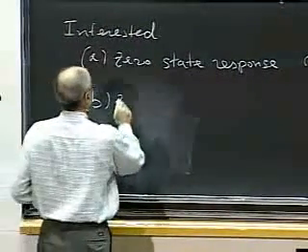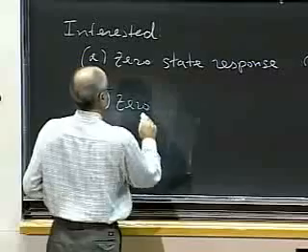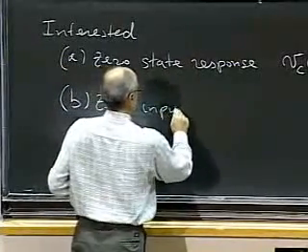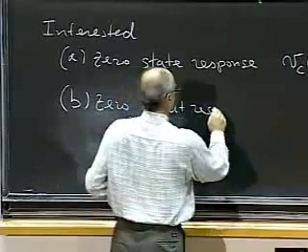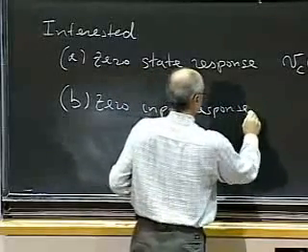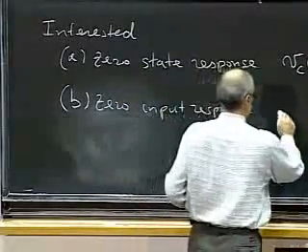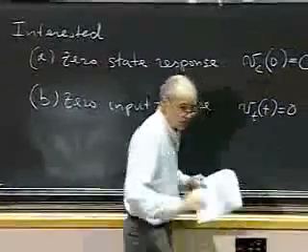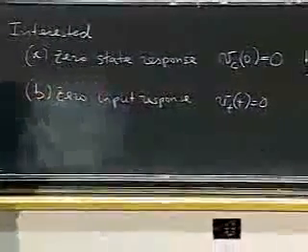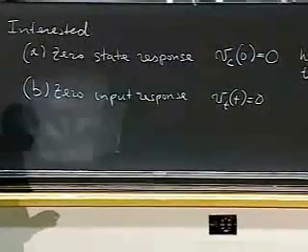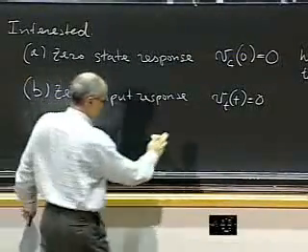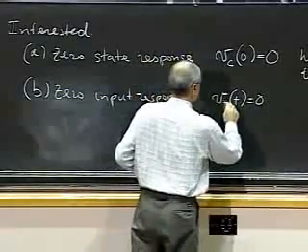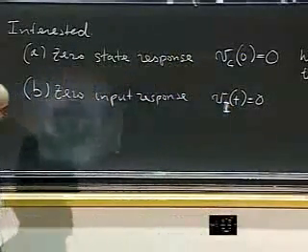The second condition in which we're also very interested is the so-called zero input response. So what is that? That is Vi of t equals 0. The condition under which there is no input, Vi of t equals 0.